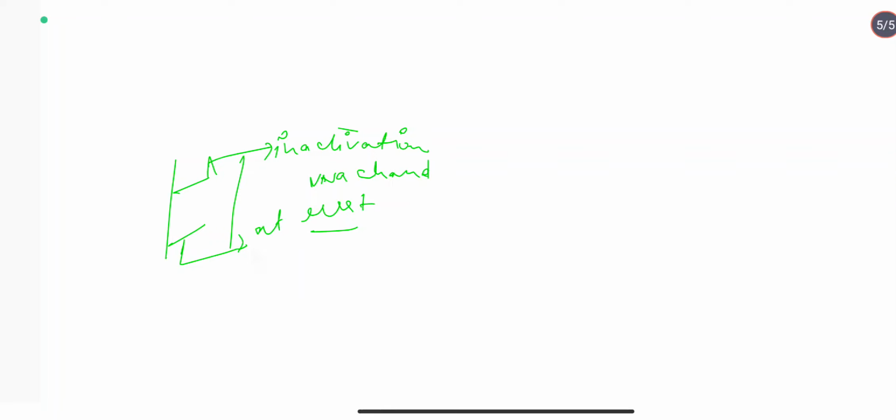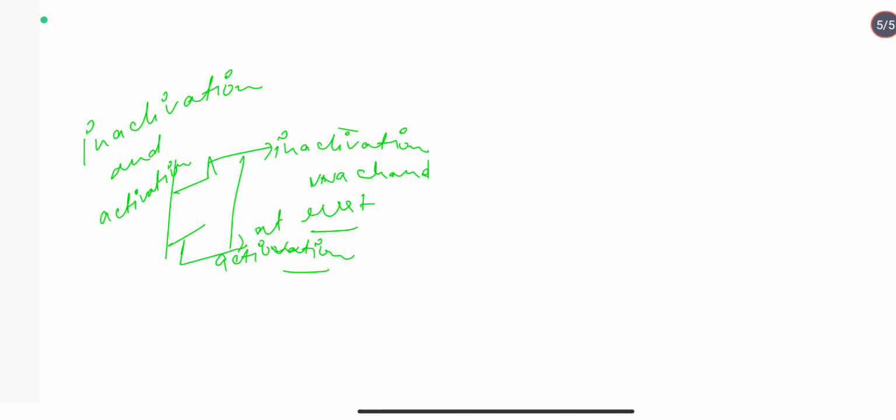But when the threshold stimulus is applied and the channel is opening, both the inactivation gate and the activation gate are open, and when both are open, the channel will allow movement of sodium ions.